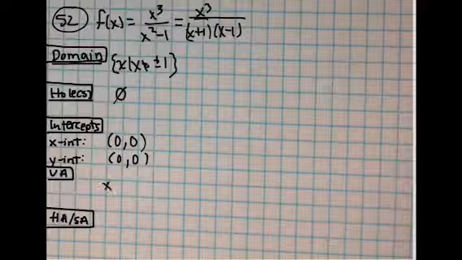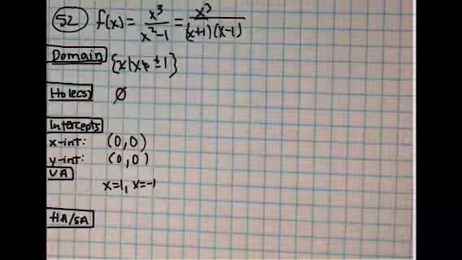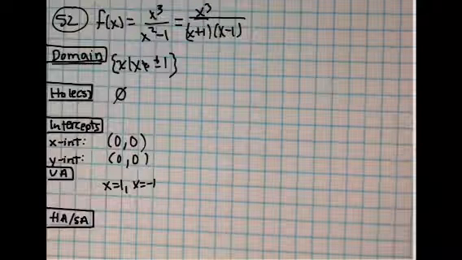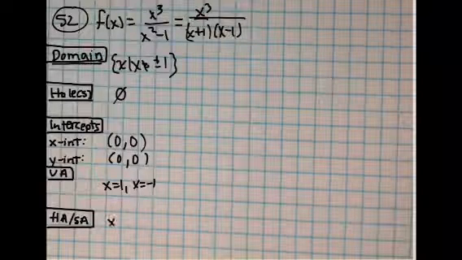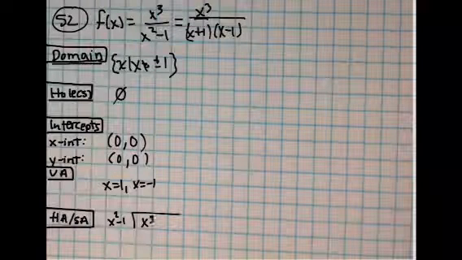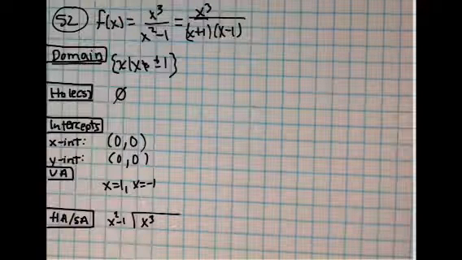Vertical asymptotes, x equals 1 and x equals negative 1, because, again, that's what makes the denominator 0. This is a top-heavy problem, and I can't use synthetic division, unfortunately. So I'm going to have to do long division. So x squared minus 1, x cubed. x squared goes into x cubed x.